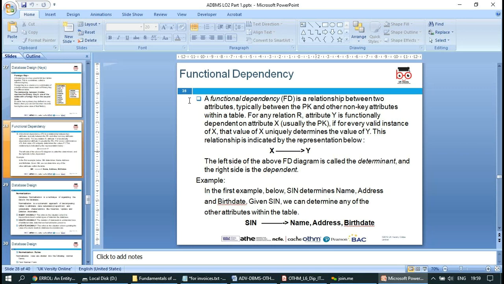So it's a big chapter, with lots of content.